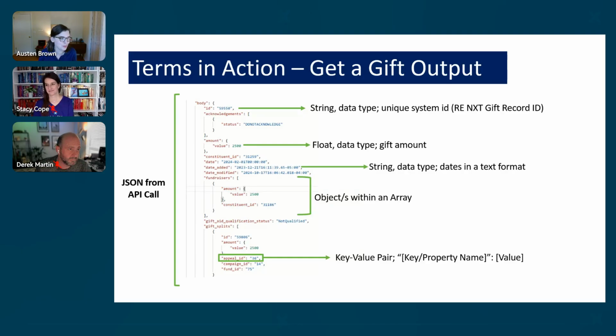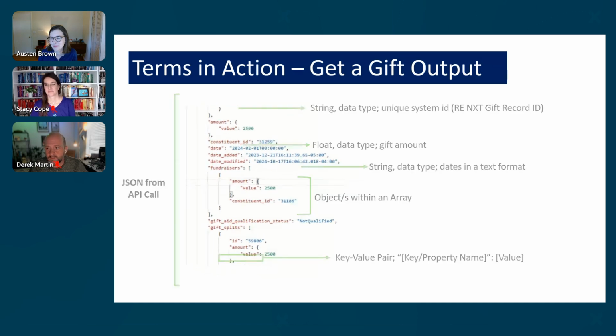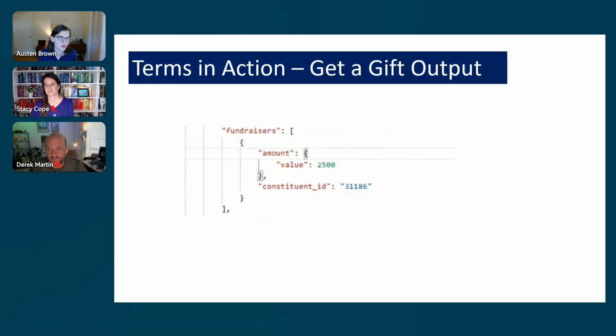Next, we're going to take a deep dive into objects within an array and the composition of how that looks. Okay. So here we can see that we have this breakout of fundraiser information associated with gift record, and this is an array, aka a list of objects. Now there's only one object in this, because I didn't want to confuse you guys too much, but an array can have many objects listed within it.